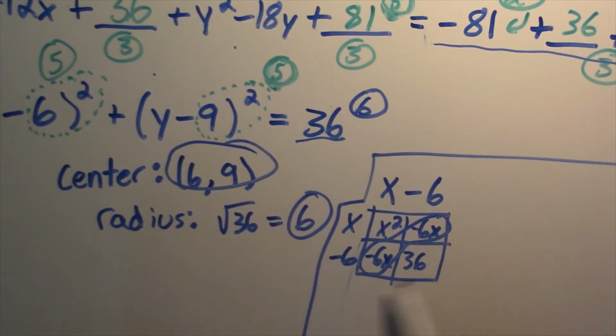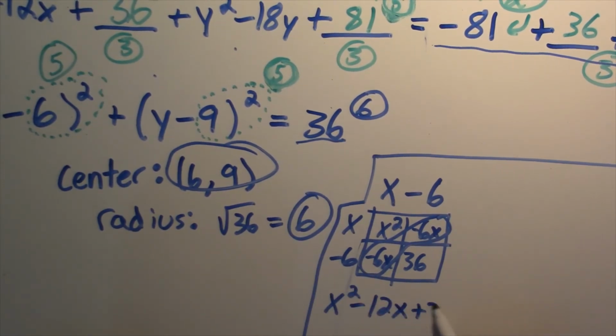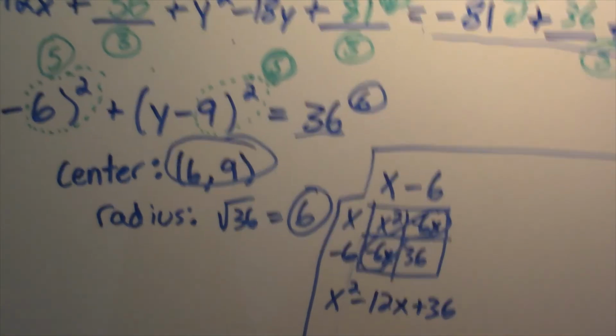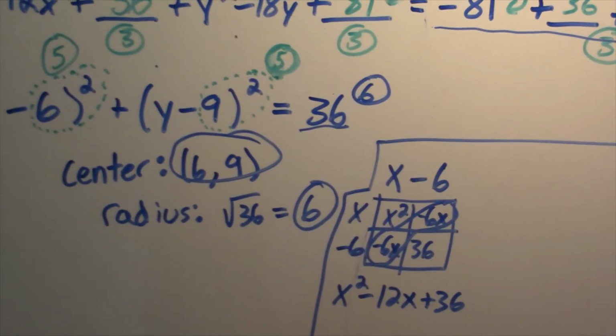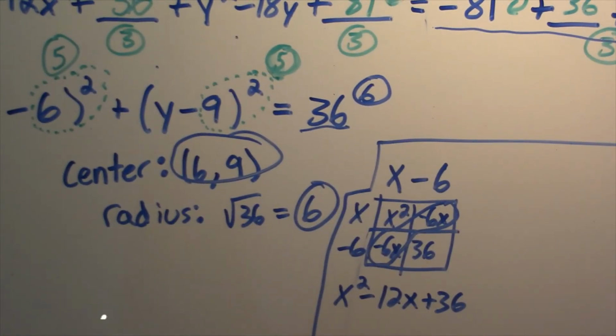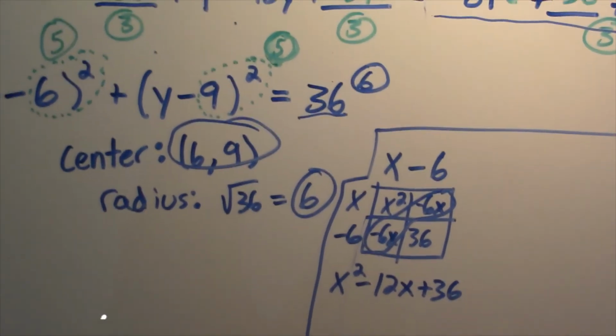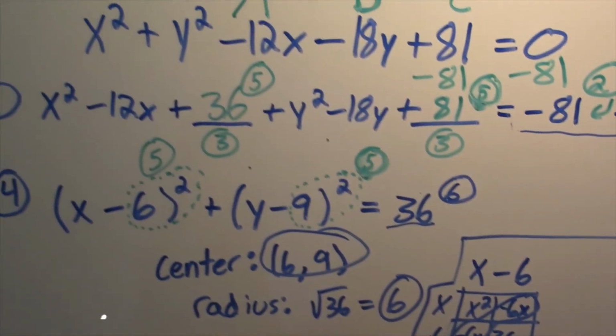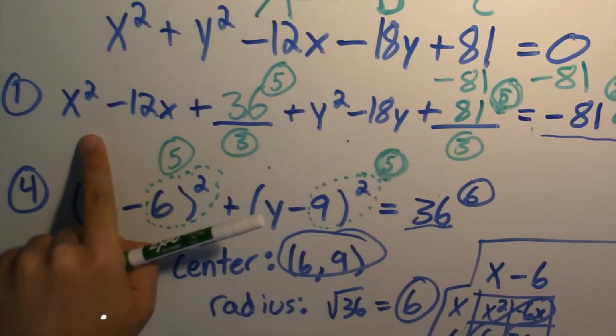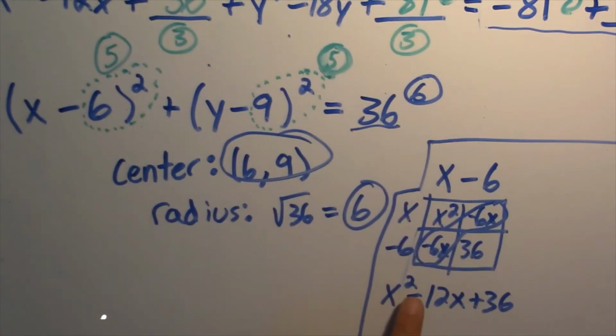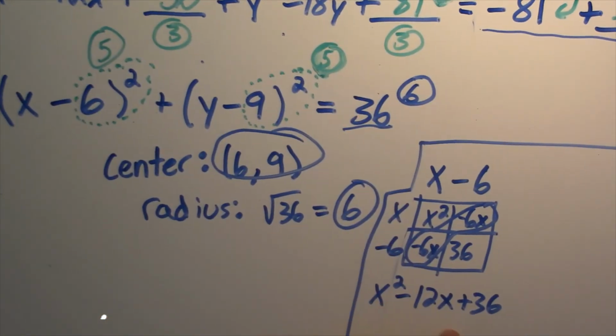Those will combine to give me x squared minus 12x plus 36. If you look, that is the same thing that we had over here. x squared minus 12x plus 36.